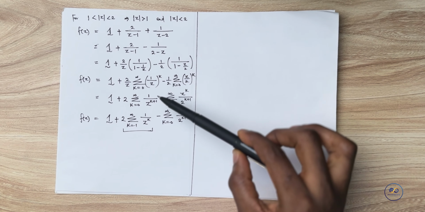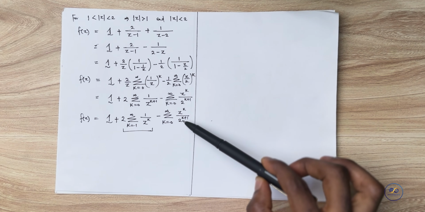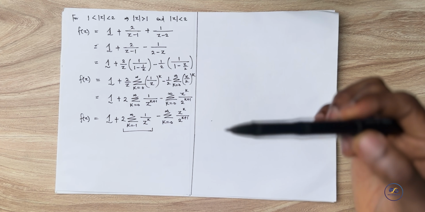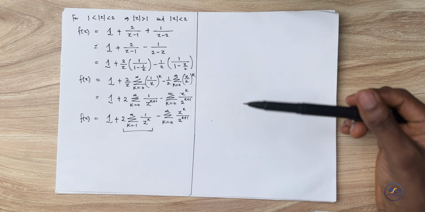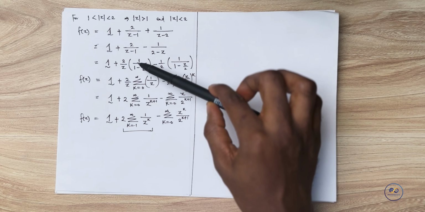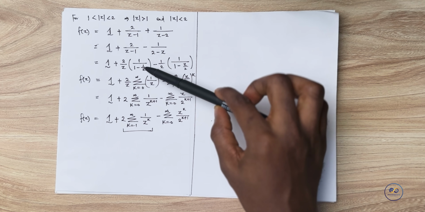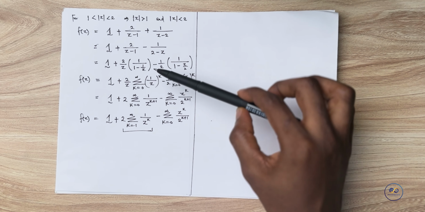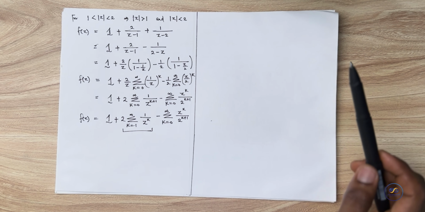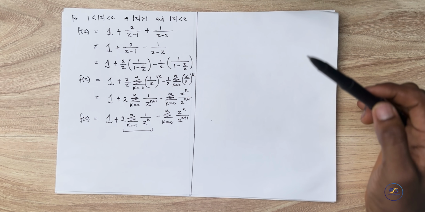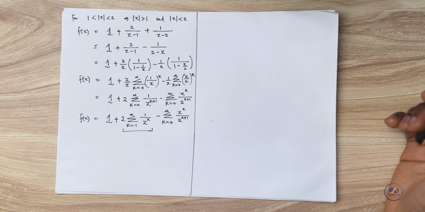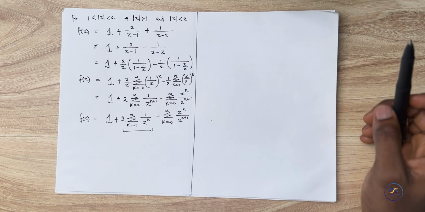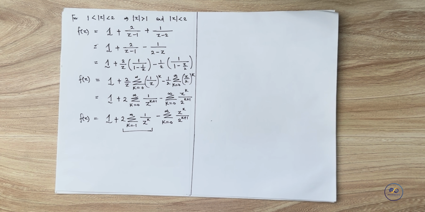So work your way and see if you can also get here with us. Of course, if you decide to proceed beyond this, also do let me know in the comments. And if you need more clarity as regards how we have always been turning this fraction into this series, and you probably want us to discuss more on the geometric series and the representation of the sum to infinity of the geometric series, you can also let me know in the comments. Now, more importantly, this is just still our second region.